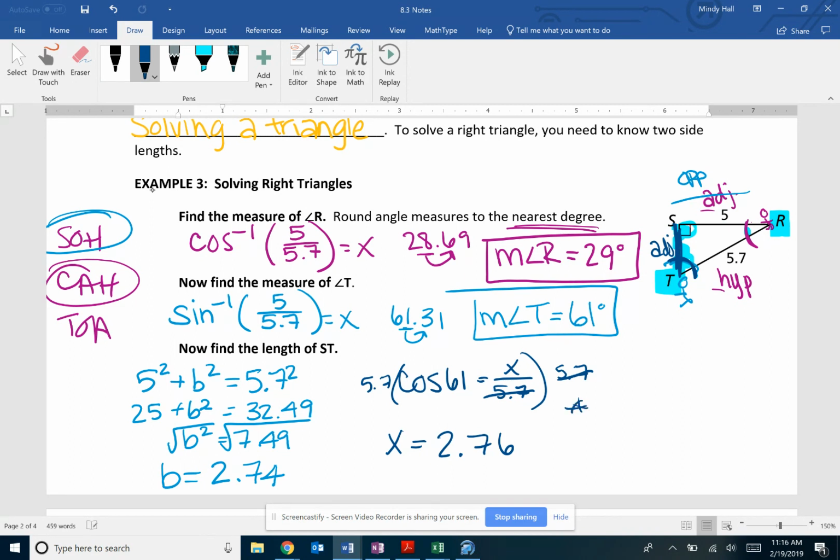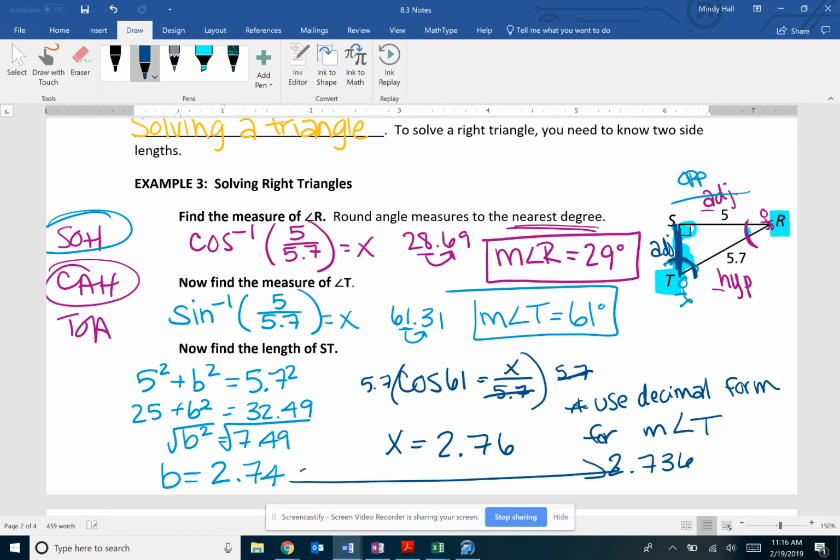So just note, use decimal form for measure of angle to get 2.736. Okay, so again, use the decimal form if you want to get the most precise answer, the same answer as Pythagorean theorem. But either way, it'll work out.